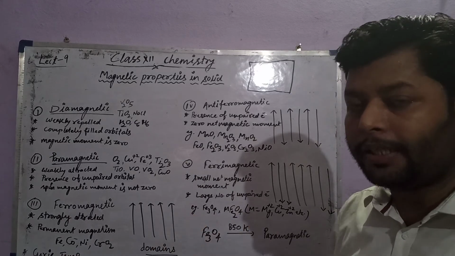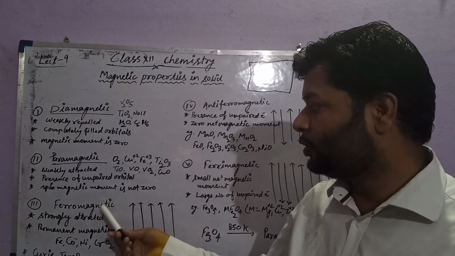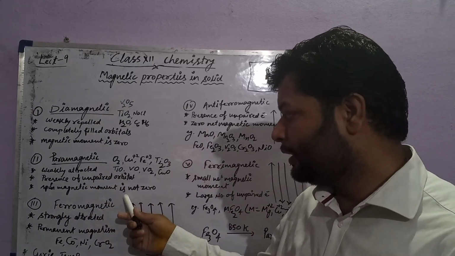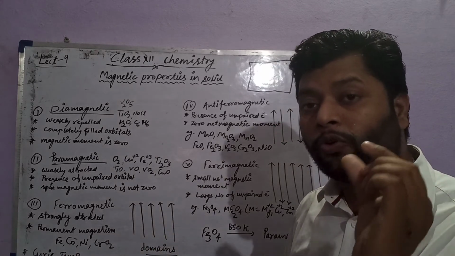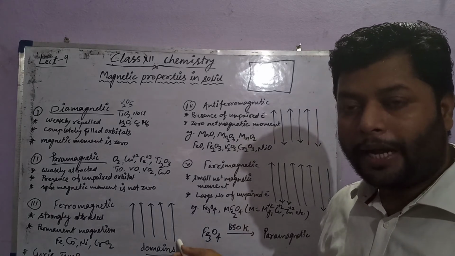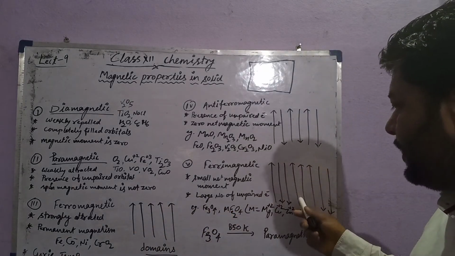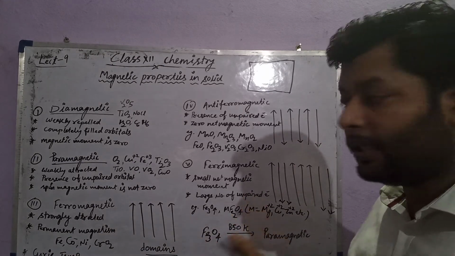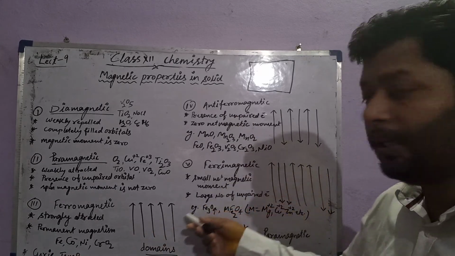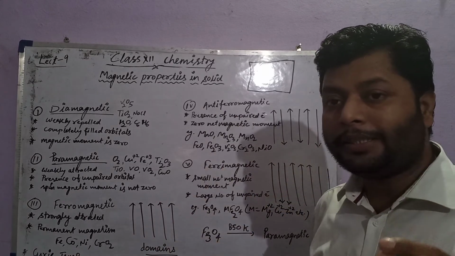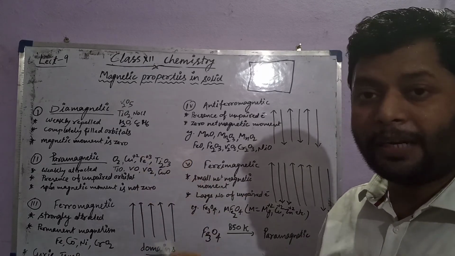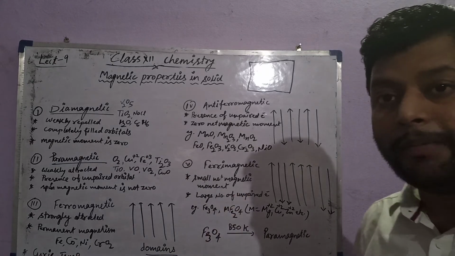Depending upon their nature in an applied magnetic field, they show different types of magnetic behavior, and this all depends on the orientation of groups of metallic positive ions, which we call domains. You have to learn the diagrammatic representation of these three with examples. The transition metal oxides and their examples are very important, so note down all the examples given here.